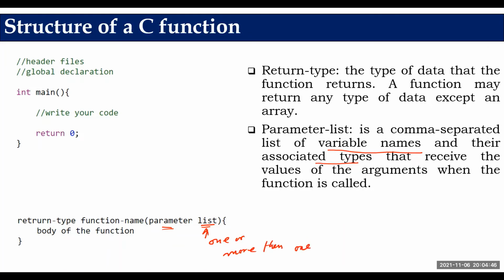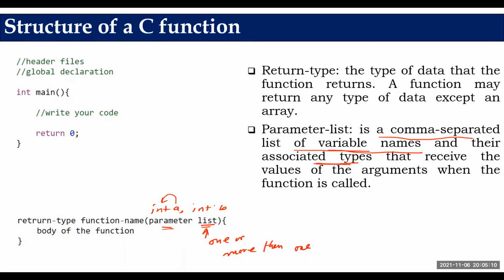More than one. That's why it is written, it is a comma separated list of variable names and their associated types. When you say variable, every variable has a certain type. So you can write something like this, comma separated. Here you can see two parameters in a function, comma separated.